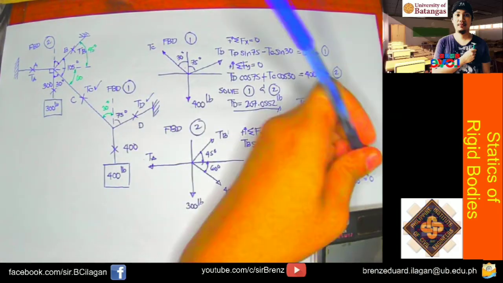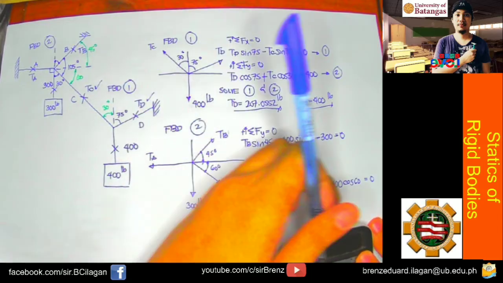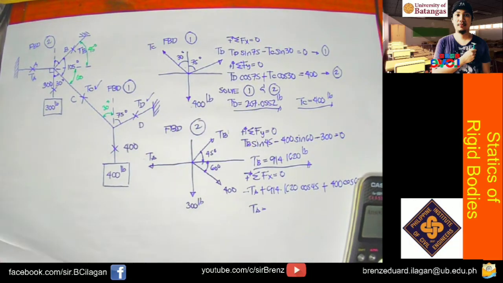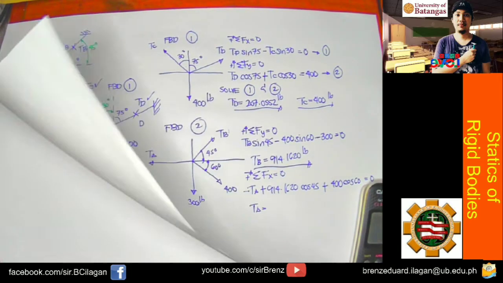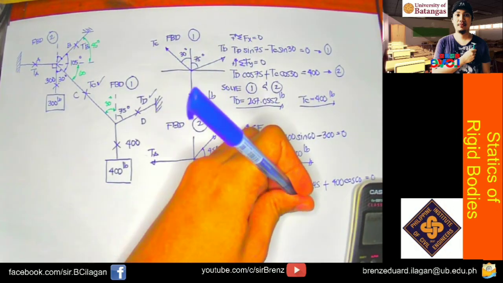Is that right? Equals 0. So transpose this to the other side. Therefore, TA is just the sum of these two terms: 914.1620 times cosine 45 plus 400 cosine 60. So the answer is 846.4102 pound.